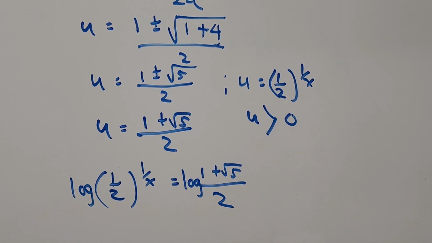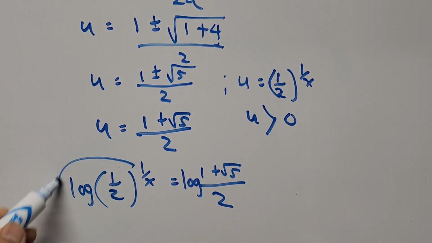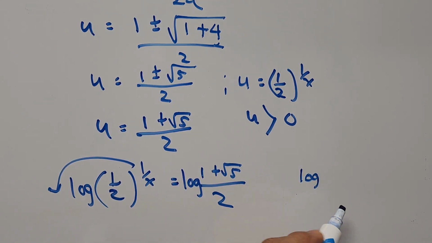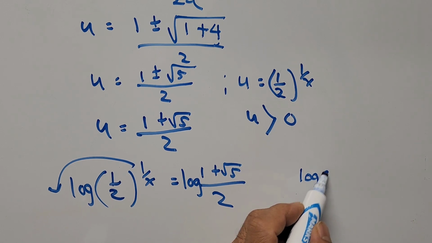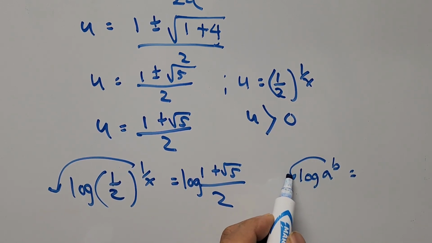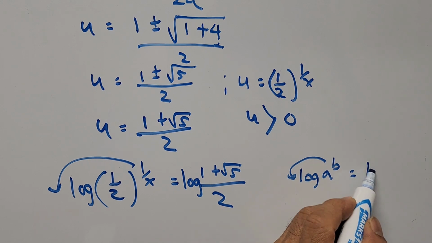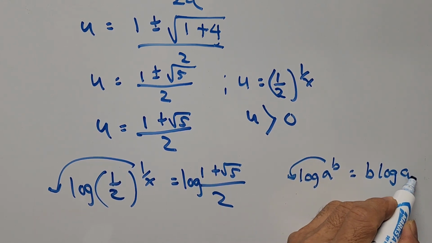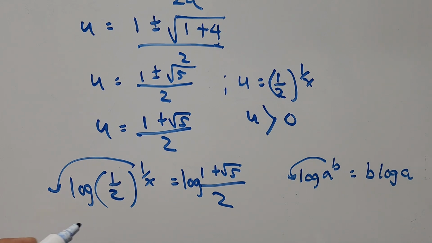And so here, based on the laws of logarithm, the exponent can be put to the front. From the formula, let's say log of a to the power of b is equal to b, the exponent, goes to the front, b times logarithm of a.